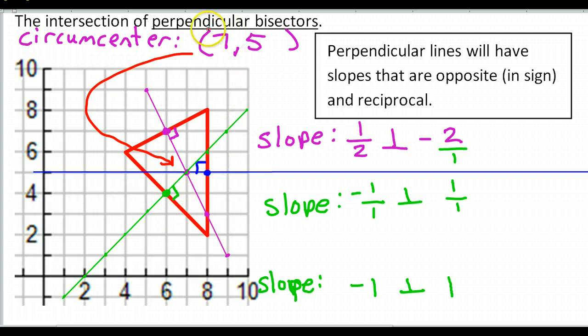As far as being perpendicular, use your slope. Find the slope of the side, and then go opposite in sign and reciprocal, and that will tell you the slope of your perpendicular bisector. And wherever they meet, that will be your circumcenter.